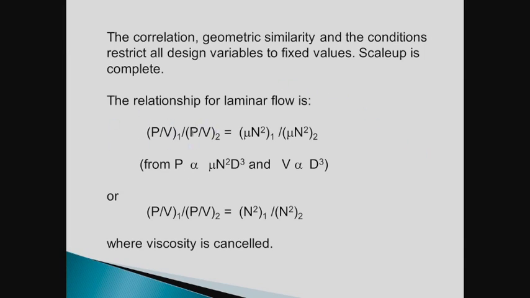power per volume scale 1, power per volume scale 2 is equal to this: viscosity, rotational speed squared, scale 1, over viscosity, rotational speed squared, scale 2. If we cancel out viscosity and cancel out the diameters here for power and volume, we quickly find out that power per volume scale 1 to power per volume scale 2 is N1 to N2 squared, so to speak.